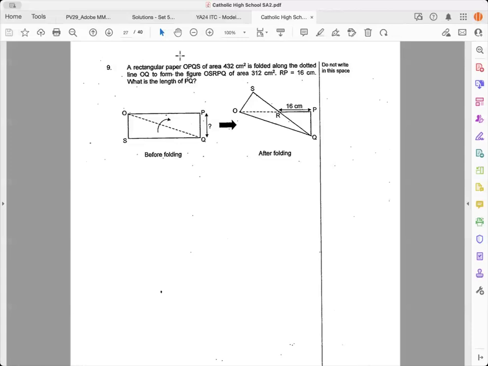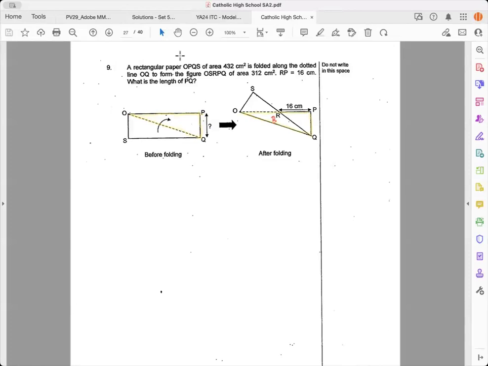Let's name this as B. What you do is you focus on one triangle. This is the same as this triangle, agree?